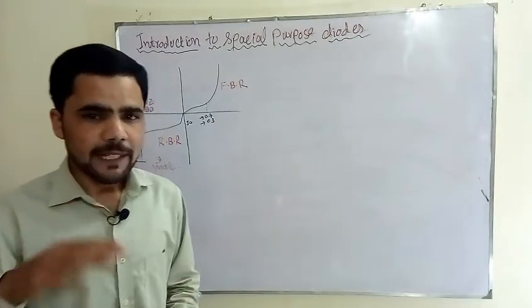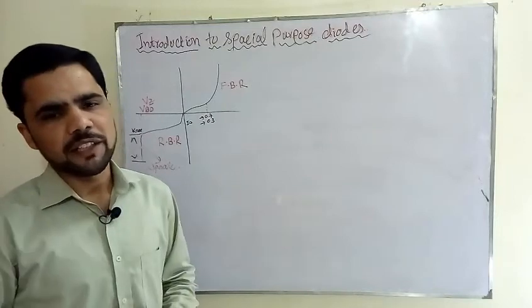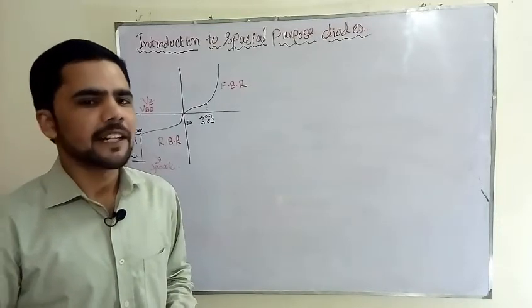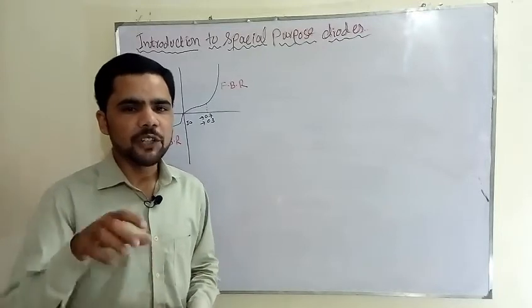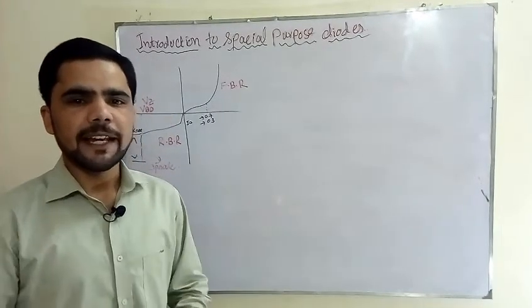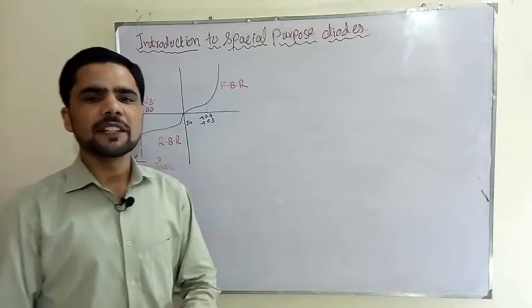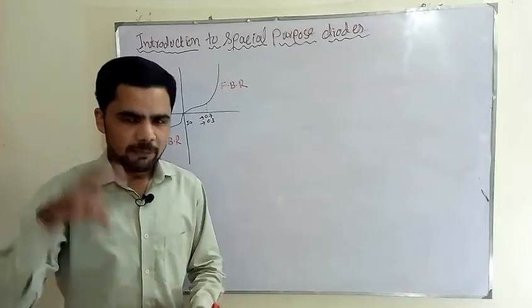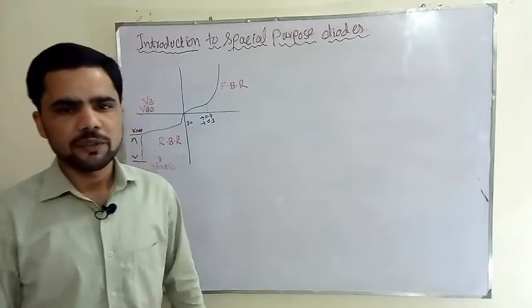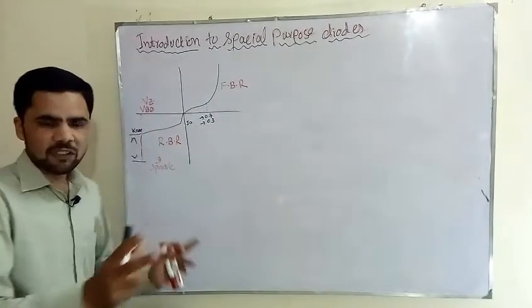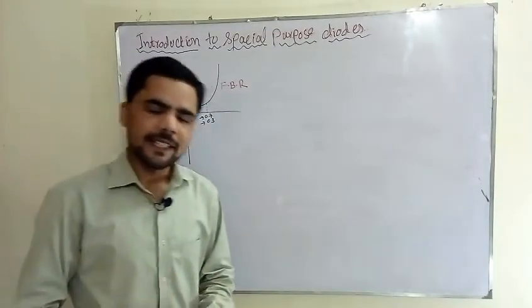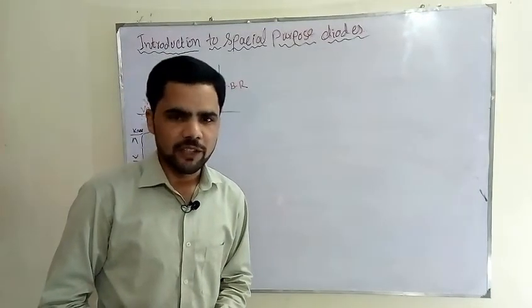This problem is removed by using a series resistance that limits the current, reduces the power dissipation and reduces the possibility of damaging the diode. This is the basic operation and characteristics of the Zener diode.